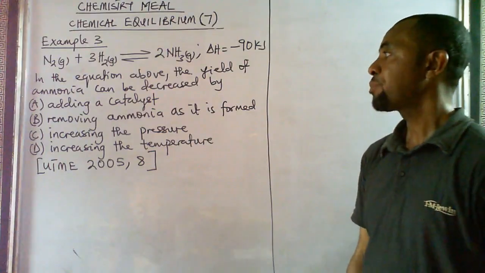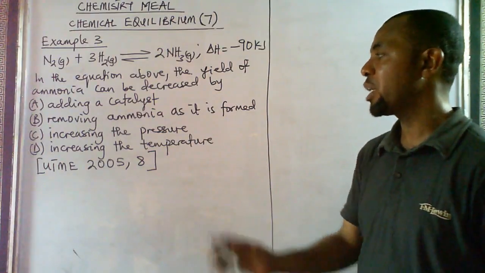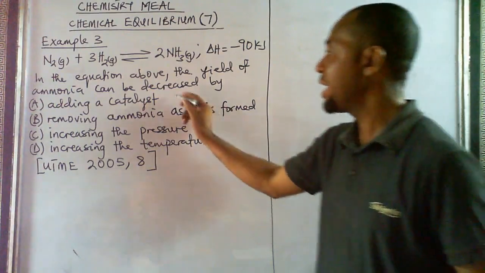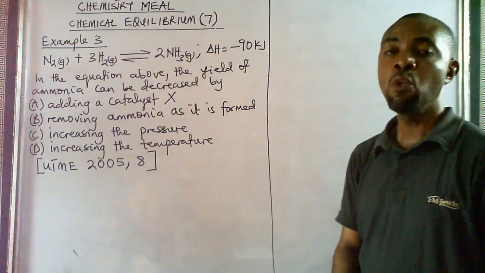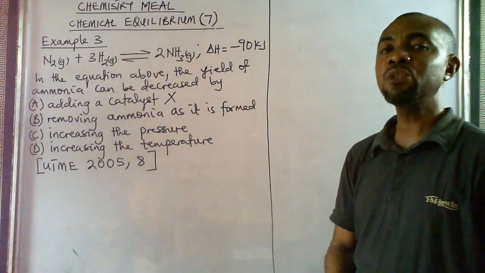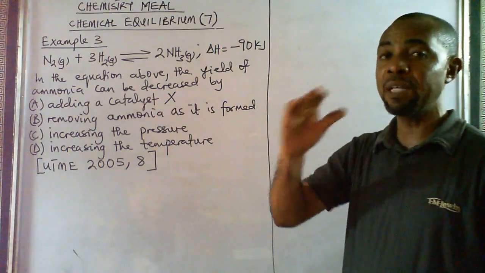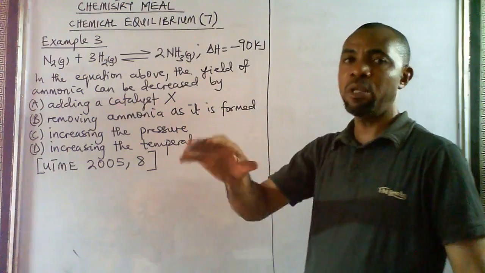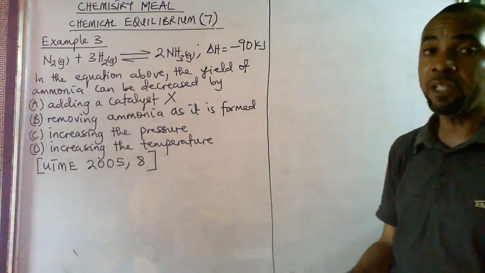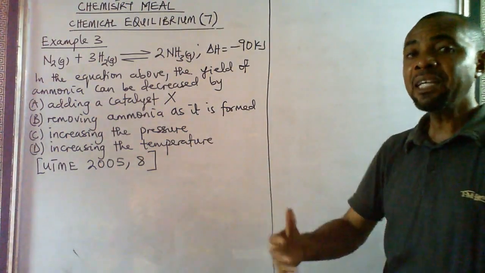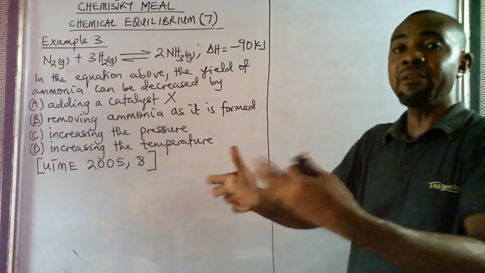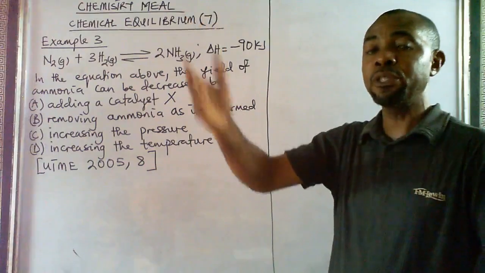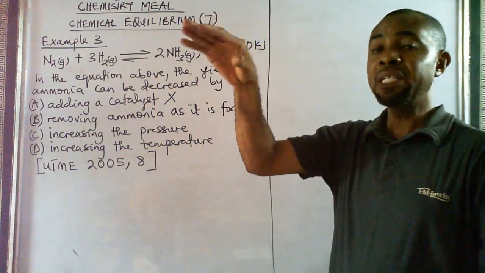Okay, so now if we look at the options, we can just remove one immediately, and that is addition of catalyst. We remember that a catalyst will not have effect on a system that is already in equilibrium. Once a system attains equilibrium, catalyst will not have effect on that system. Catalyst can actually make a reaction attain equilibrium state faster.